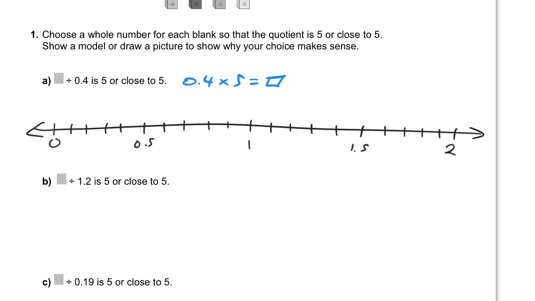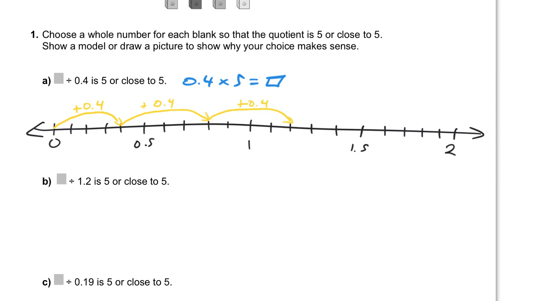And what we're doing here is we're just adding 0.4 5 times in a row. So here we're adding 0.4, and we're going to do that 5 times. Here's another 1, 2, 3, 4. Here's another 4/10, and here's 1, 2, 3, 4.